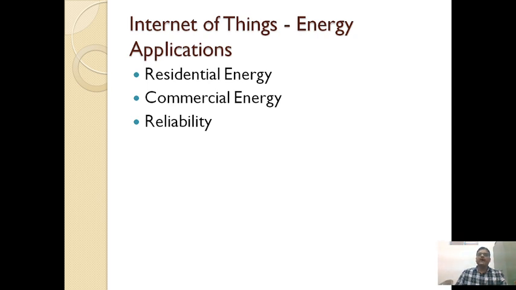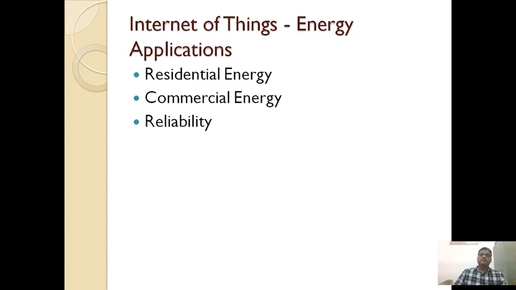IoT allows a wide variety of energy controls and monitoring functions with application in devices, commercial and residential energy use, and the energy source optimization results from detailed analysis previously unavailable to most organizations and individuals.